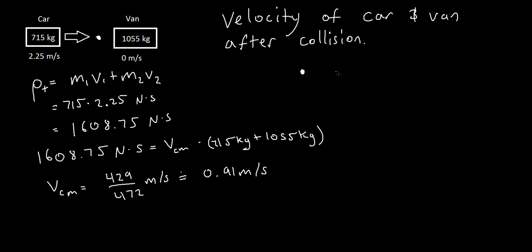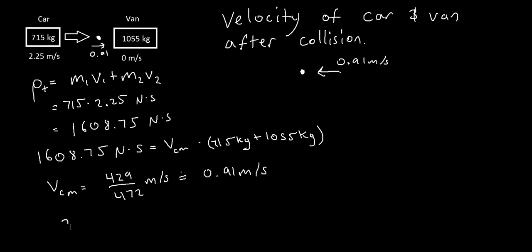So 0.91 meters per second for the van. What about the car? Now, the car is approaching the van at 2.25 meters per second, but the center of mass itself is moving at 0.91 meters per second, so you have to subtract it.